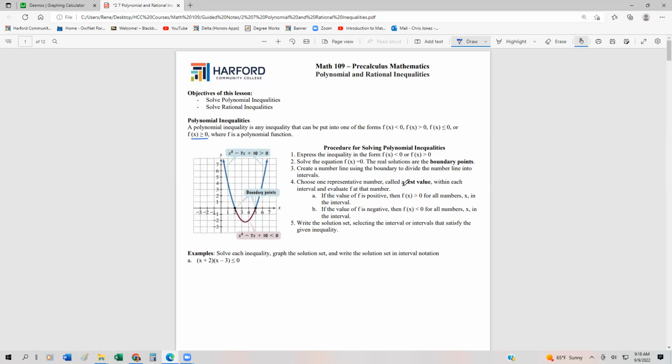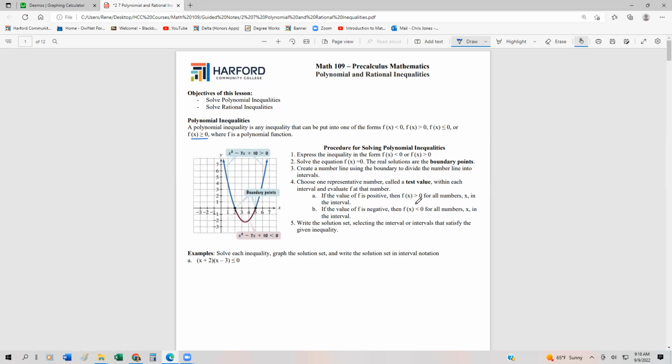Then we find some test values, values within each of the intervals. If the value of f is positive, then the function is going to be positive for all values in that given interval. When we create the number line, we divide it up into intervals.